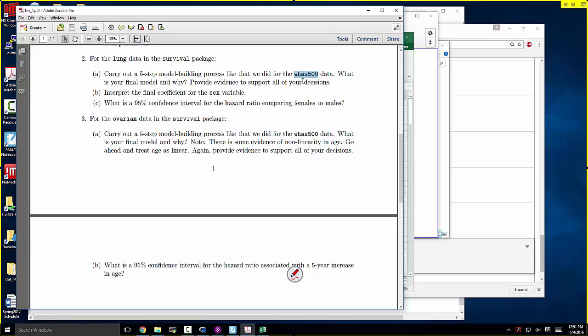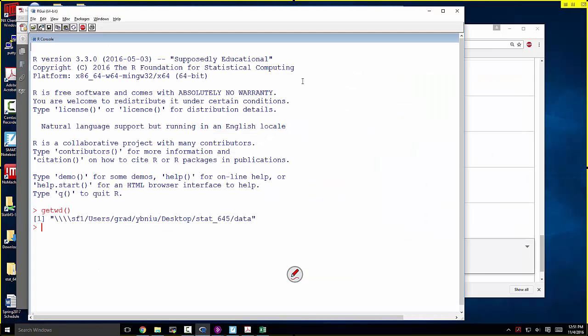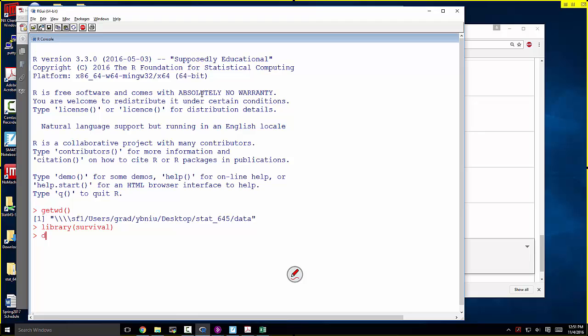So you're going to look at 2 data sets, these lung data that come with the survival package. So that means if you go to R and library survival, you can get, for example, the lung data. Now that survival has been loaded, we can get the lung data by just saying data(lung).